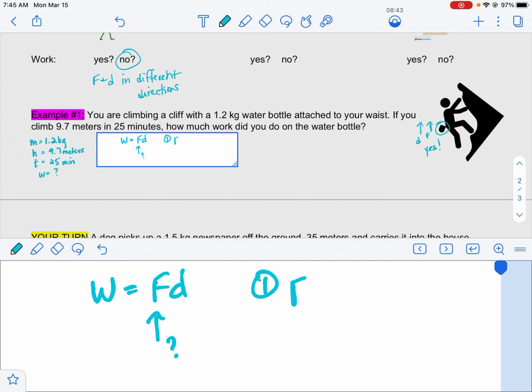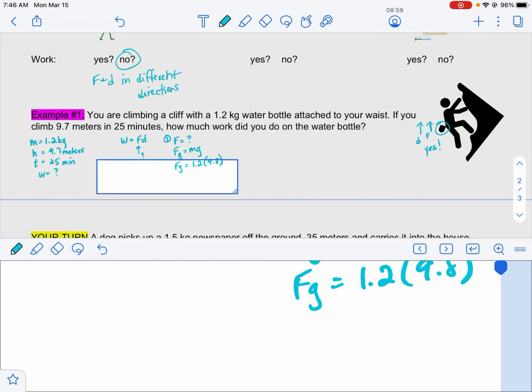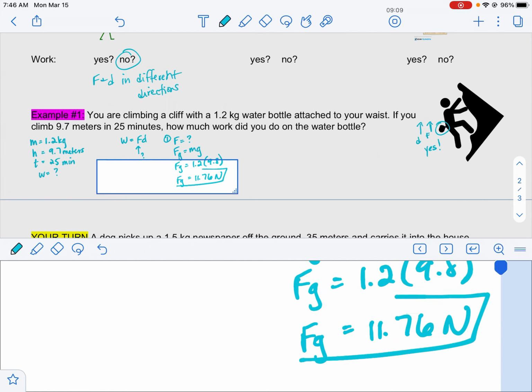So part one, we have to find the force. And in order to do that, we are going to find the weight of the water bottle. So mg. So I'm going to have Fg equals 1.2, that's my mass, times 9.8 because I am climbing this cliff on the earth. And my force is going to be 11.76 newtons.